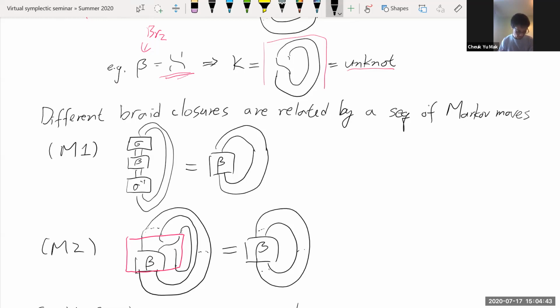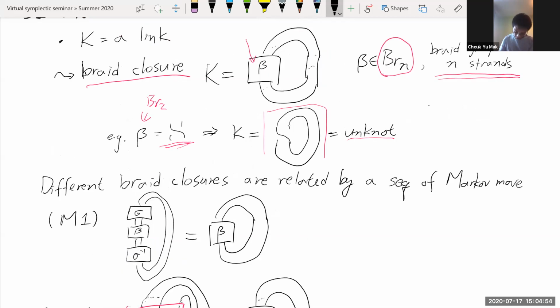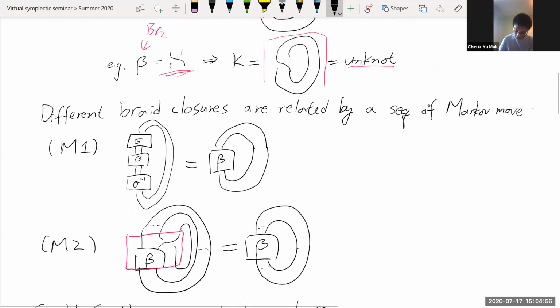The second move is if you compose your beta with a simple braid of this form, then after taking braid closure, you will get the same link as before taking the composition. So these two are the same.